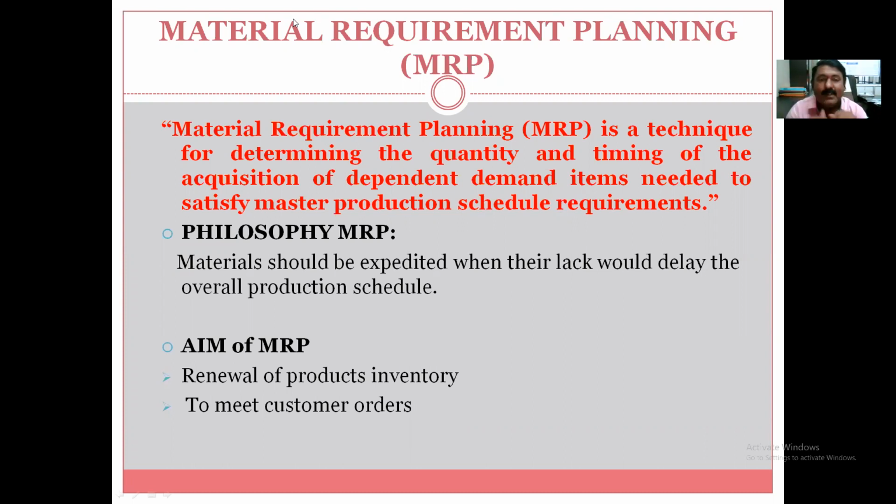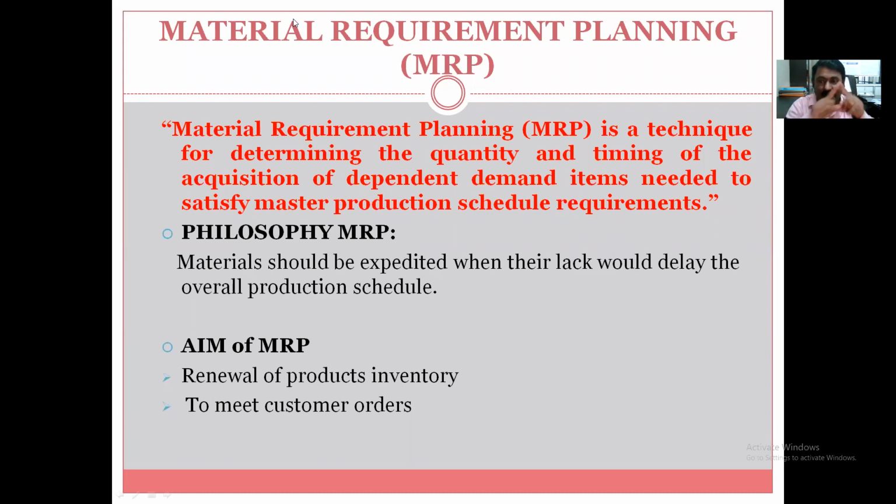Master production schedule is the schedule of any company: which product, what quantity, when to dispatch. You can take an example that one company has 10 different products in one plant. Product number 1, 1000 items required to be dispatched. Product number 2, 500, like this.